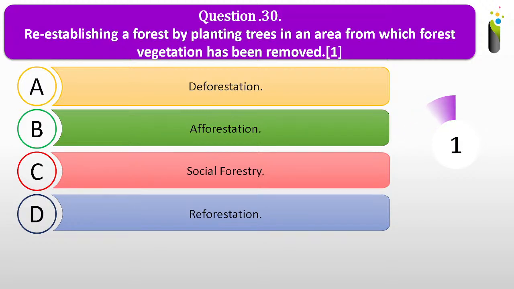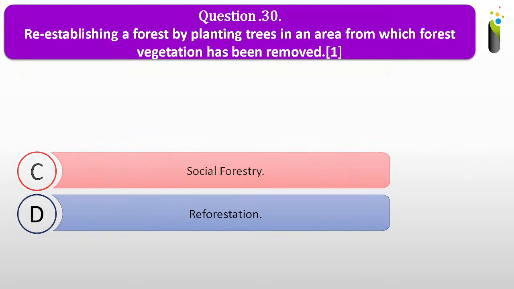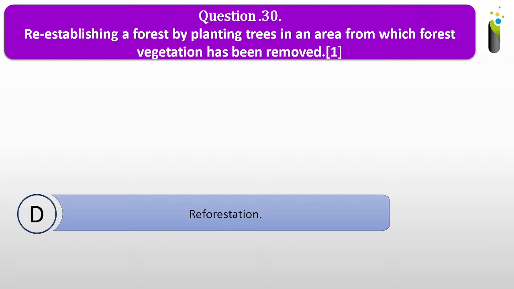And the correct answer for this question number 30 is D. Reforestation. So, reforestation is re-establishing a forest by planting trees in an area from which forest vegetation has been removed.